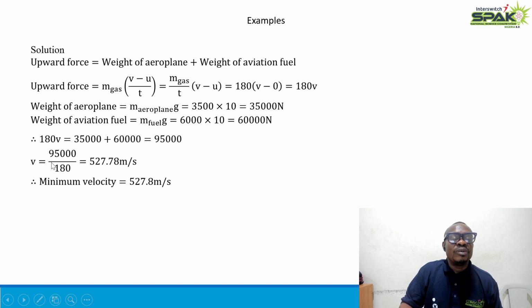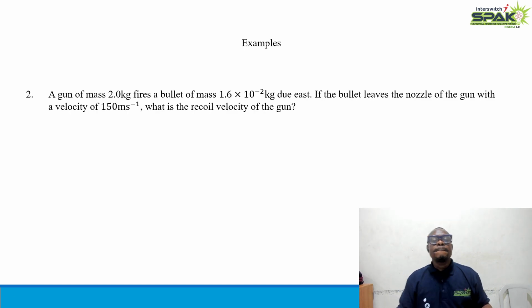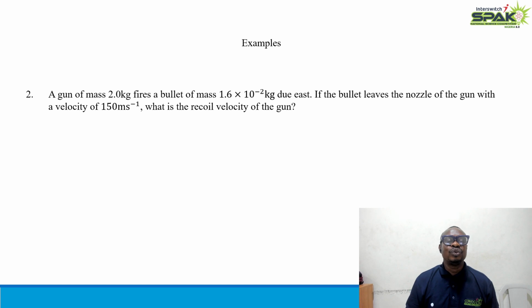To get my V, divide both sides by 180, and in the long run, I have my minimum velocity the rocket would need to take off, which is 527.8 meters per second.